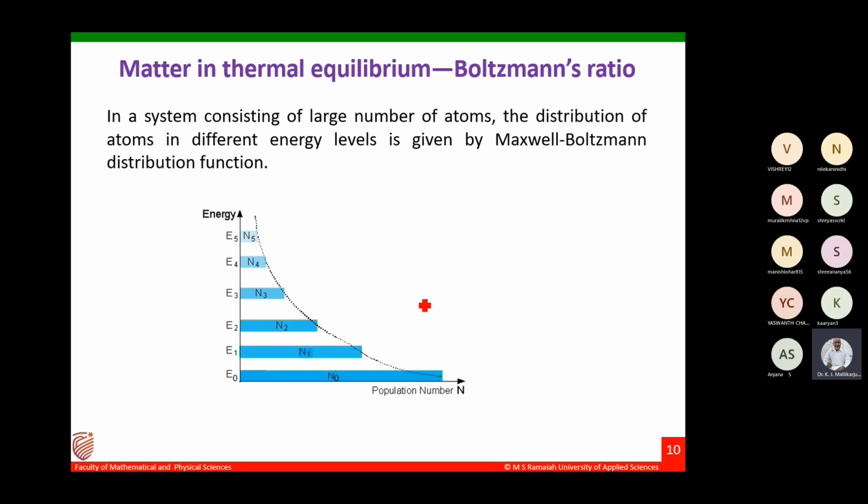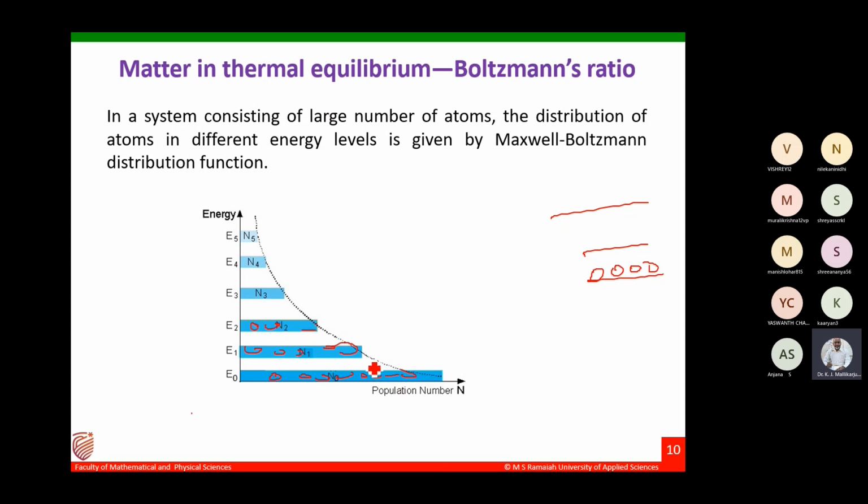Having said that, as we considered earlier, there are spectral energy levels associated with it. In a simple sense, the number of atoms in the ground state will be more compared to that of its immediate higher energy level.